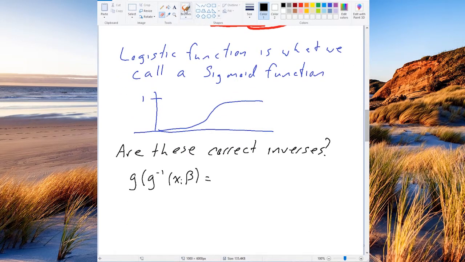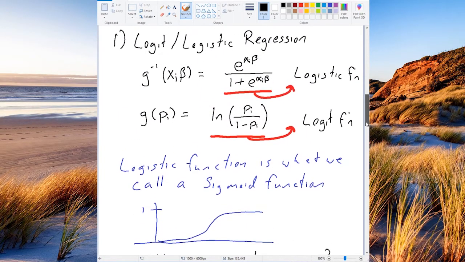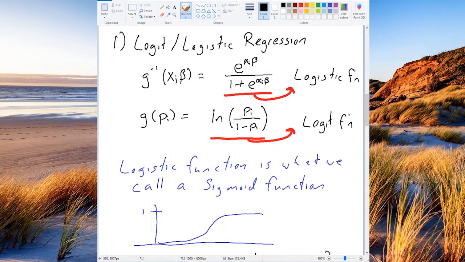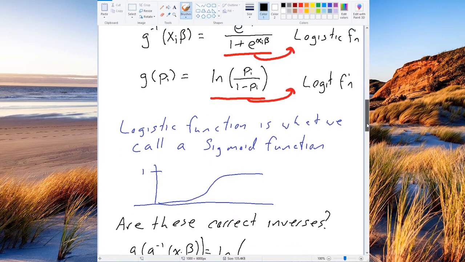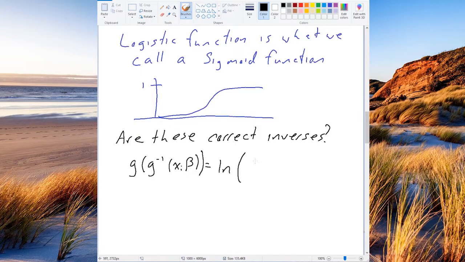So g of g inverse of x beta, that's going to be ln of, now pi is what we're getting now from g inverse of x beta. So ln of g inverse of xi beta over 1 minus g inverse of xi beta.